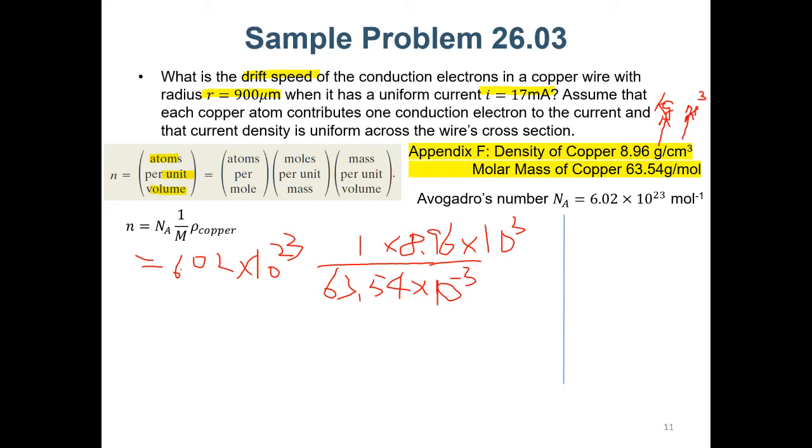So this one we need to multiply by 10 to the 6th power, and this one needs to divide by 10 to the 3rd power, so that we bring 10 to the 3rd power here.